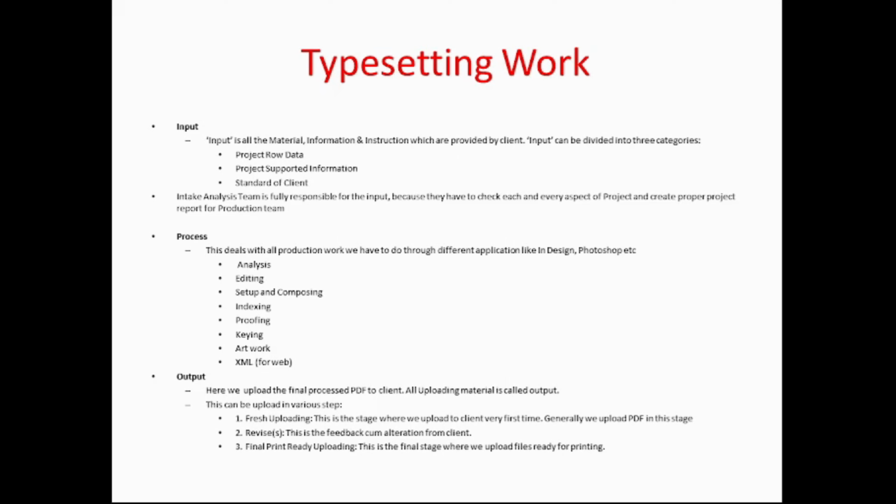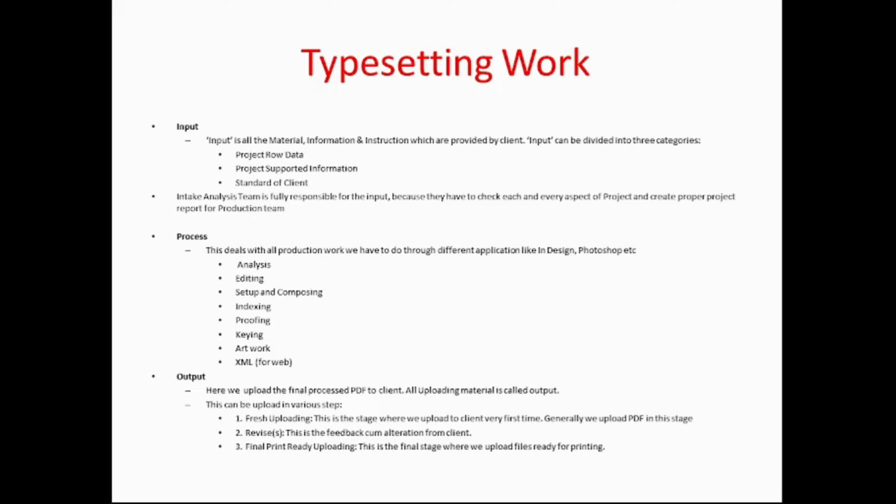Next is typesetting work. As we discussed, three main modules are involved to get any work done, right? In input, what are the inputs? In process, what are the processes we do? And in output, what is the final output we get from the work we have done?